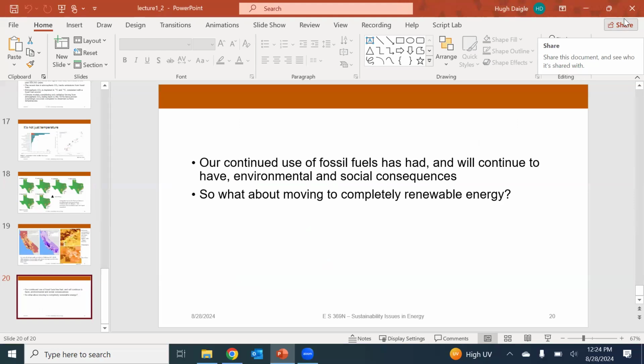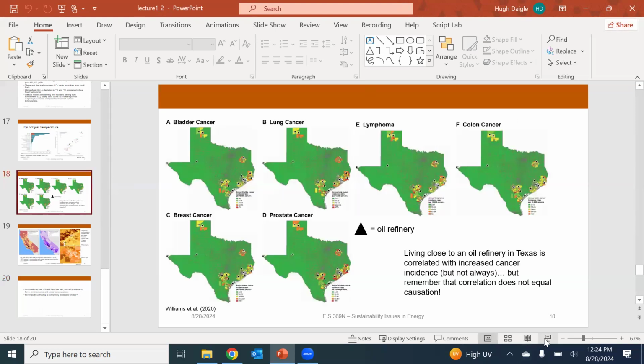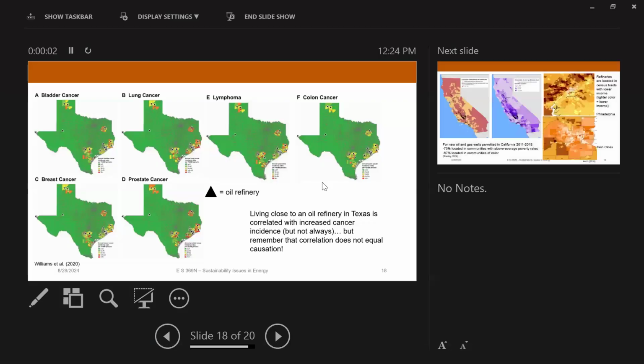Right here. Isn't it also though that a lot of towns where there are oil refineries also tend to be food deserts and have less access to healthy food and good healthcare and stuff like that as well? Yeah, absolutely. That's a really good point, that there are all these compounding factors that result in these health outcomes.